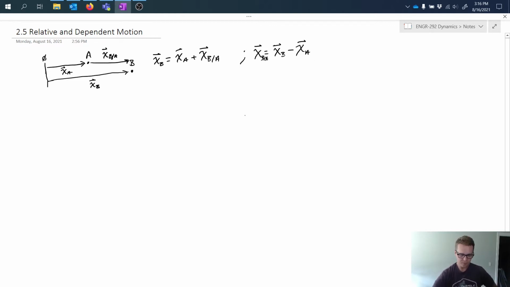Now, I can take a time derivative of these things and express these same quantities, but now in terms of velocity, using the same ordering and notation.